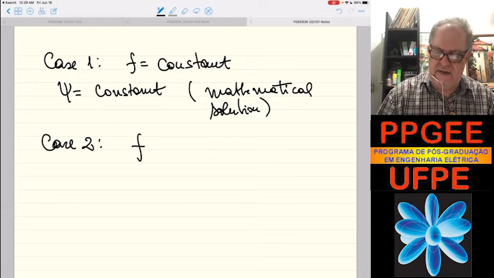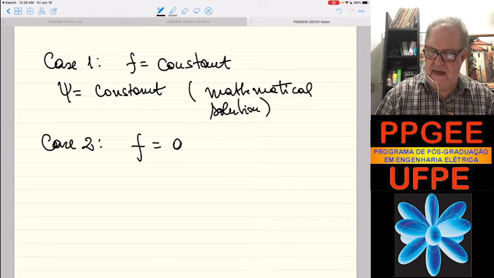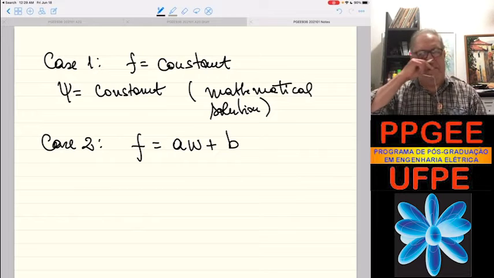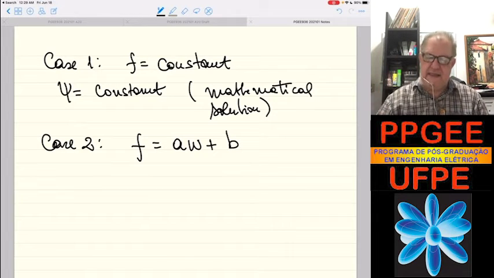Let's make a second case, case 2. The function is linear in its argument, aw plus b, right? In this case, what happens?